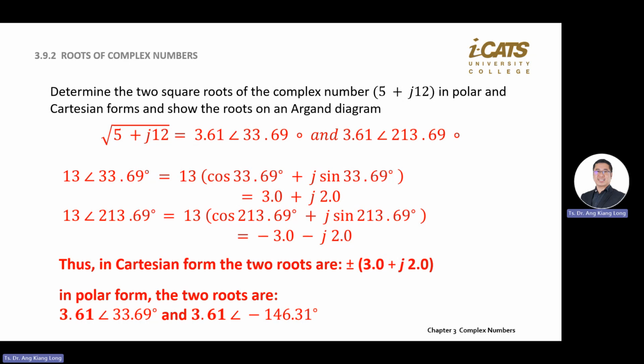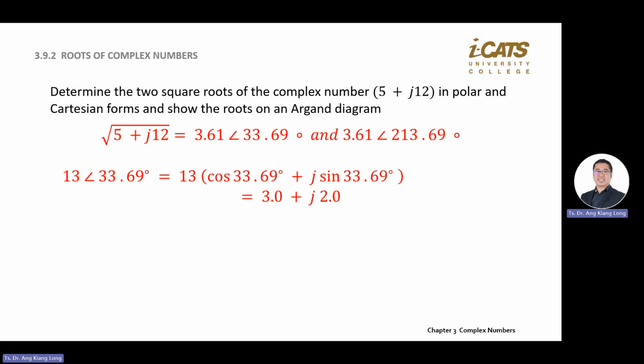How to get 13? Actually, it's a 3. You cos 213 multiply 13. Wait. No, you already find the square root.